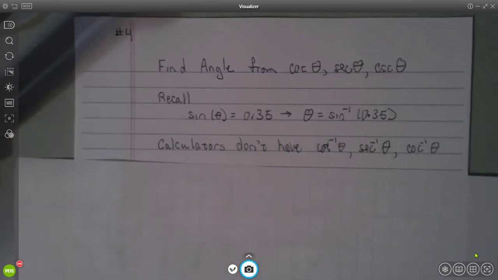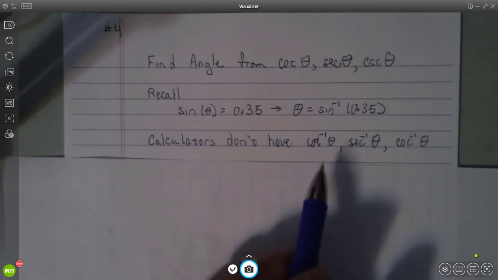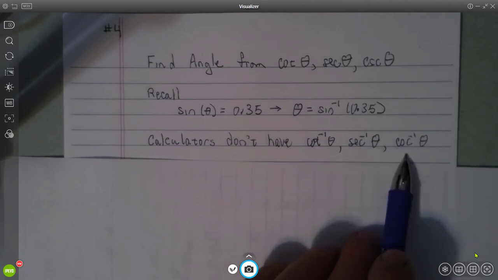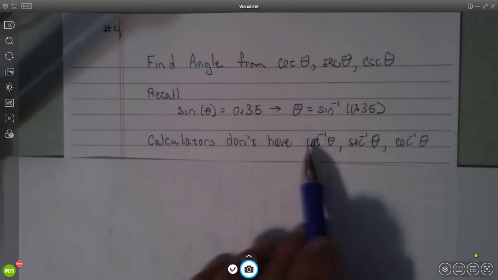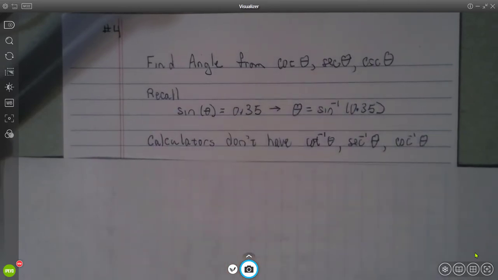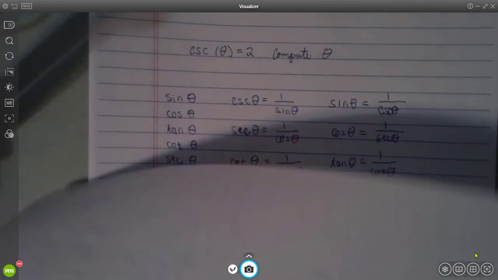The problem is that there is not a button for the inverse cotangent or the inverse secant or the inverse cosecant. So what if we happen to know the value of one of those functions, and we want to find the angle? Well, first of all, just a quick reminder.